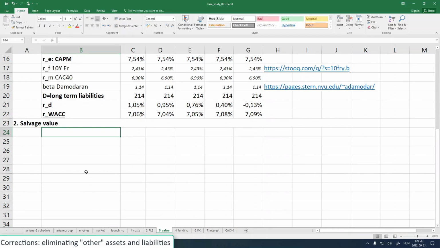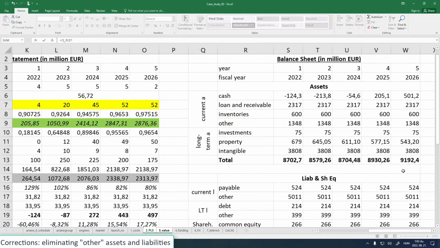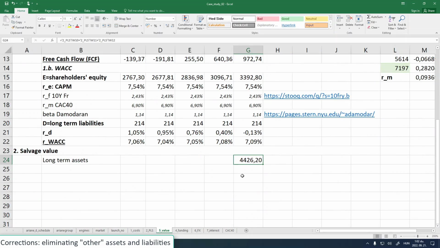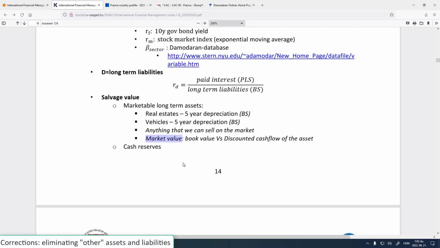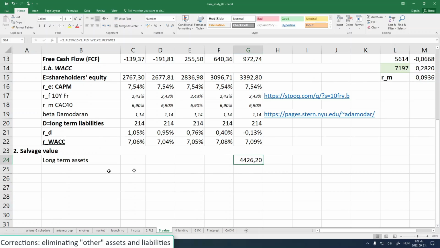The problem is that with the salvage value we want to sell them, or have to sell them, only in the last year, so we don't have to make this dynamic, just for the 5th year. And we should not forget about cash reserves, because how much money do we have in the last year?